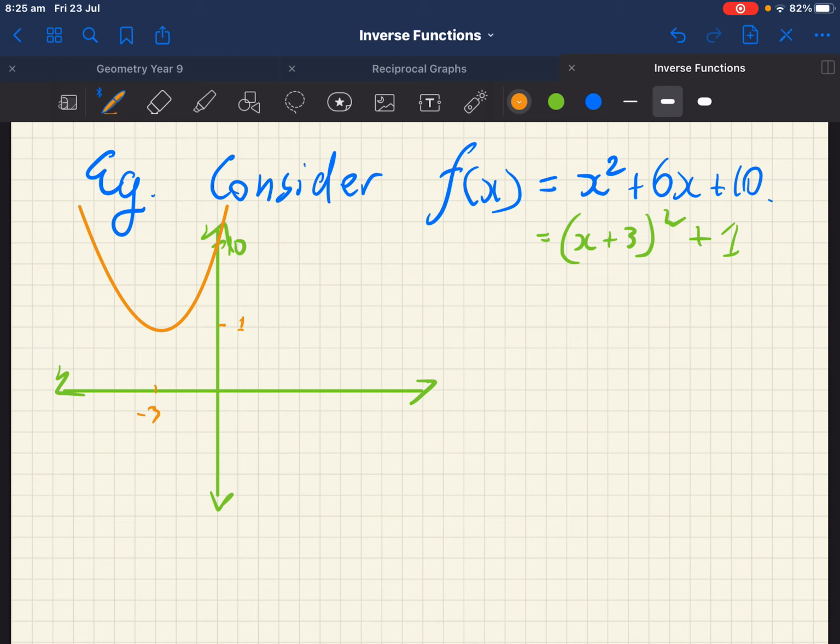All right, so this is where the function exists, and here you can see it straight up fails the horizontal line test. I can quite simply draw a horizontal line right there, and it hits the function at 2 separate points, meaning this won't have an inverse function as it currently stands.